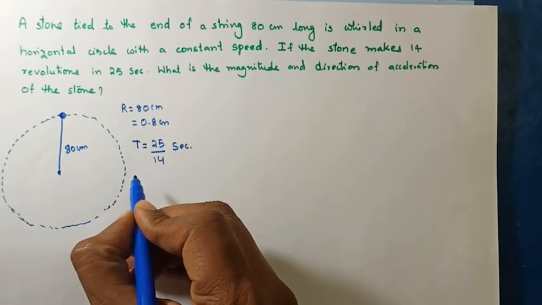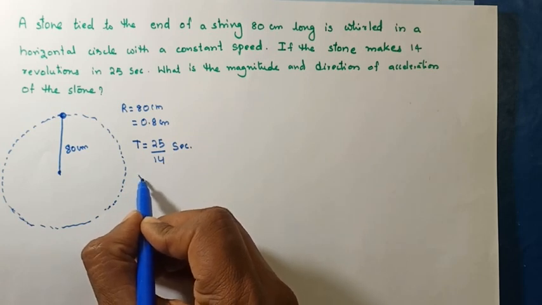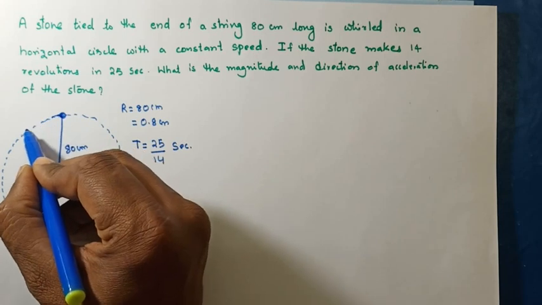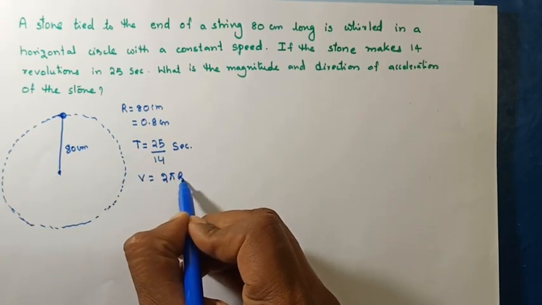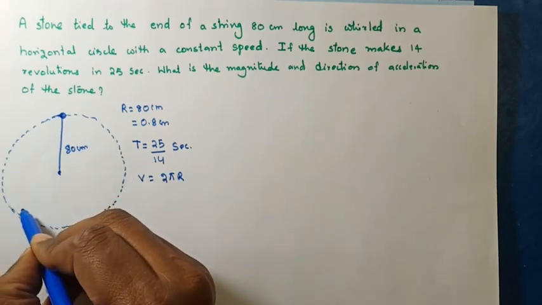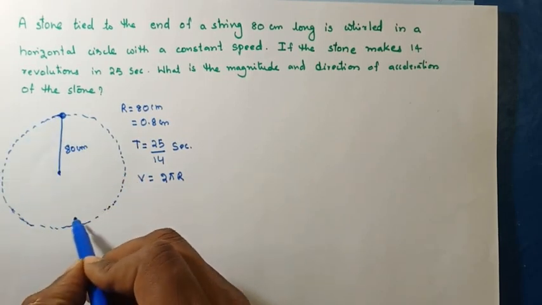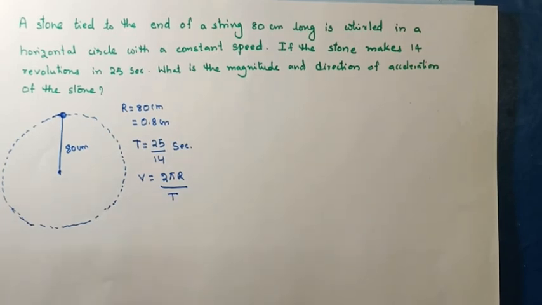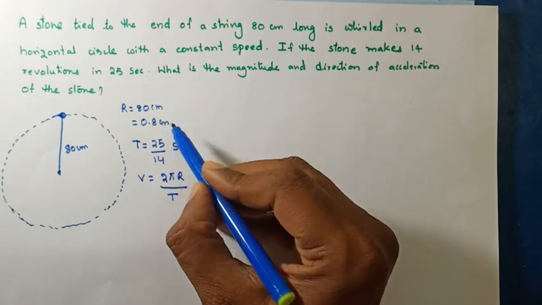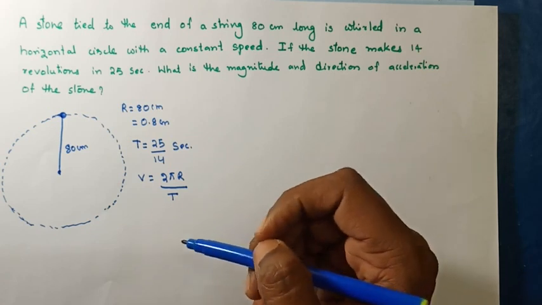And what is the speed? Speed is total distance, which is the circumference 2 pi r, divided by the time for one revolution, t. This is 2 pi r by t. We know r, we know t, so speed can be easily calculated.